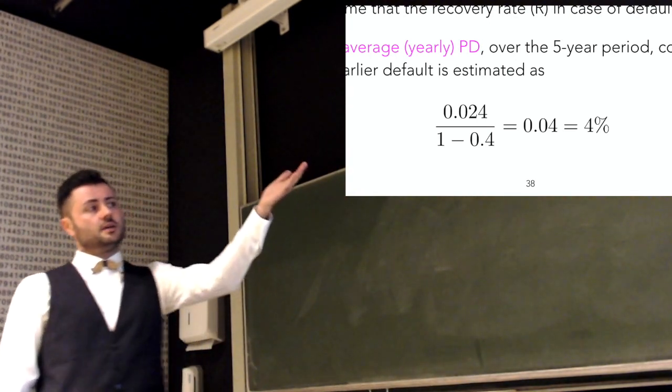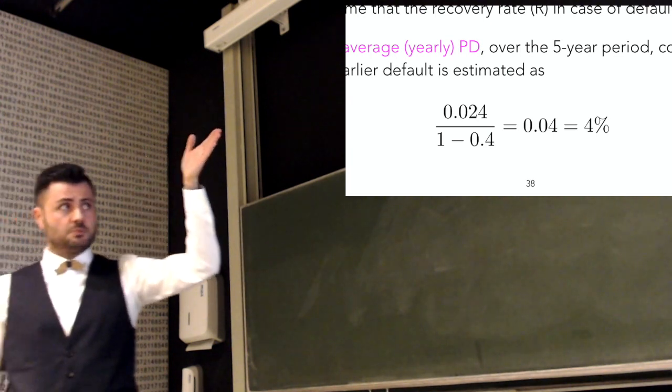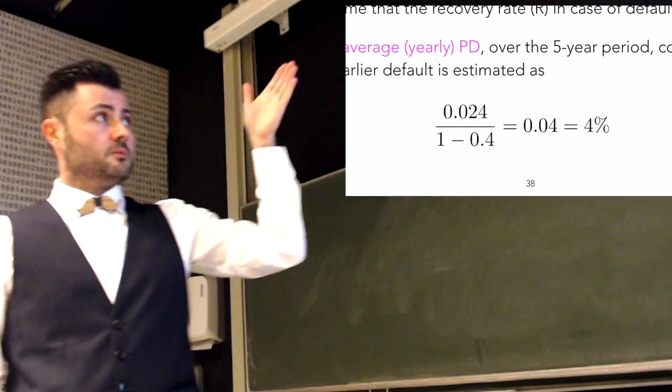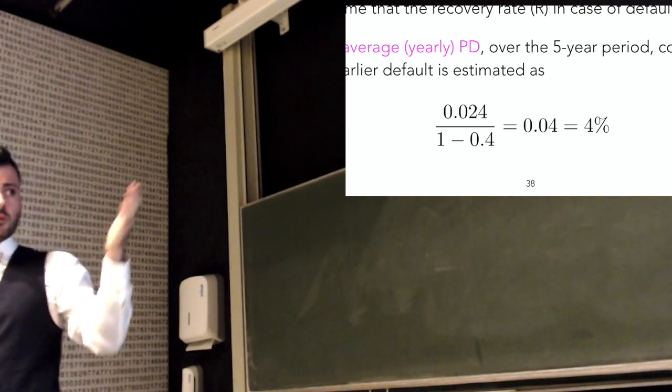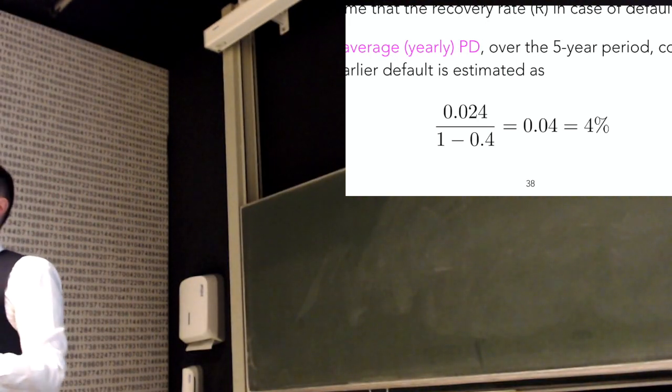You compute that, and it means that the market, for that specific counterparty and that CDS spread, is estimating an average PD of 4% on a yearly basis.